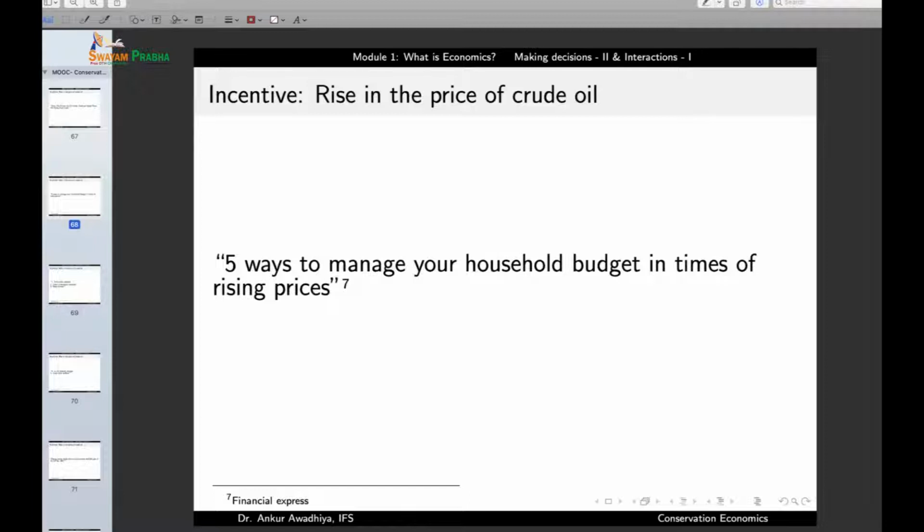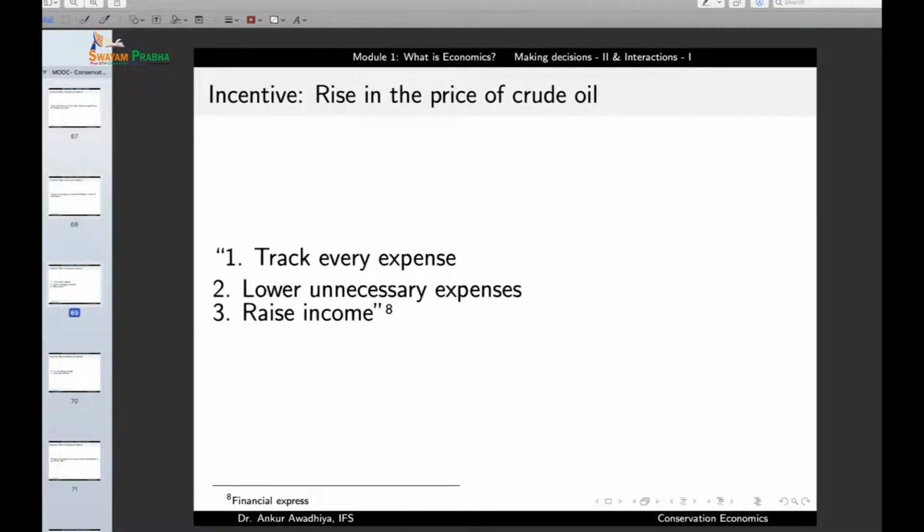So another action that has been incentivized is that people who are experts or who are ready to give you suggestions on how to maintain your household budget will come forward. And what sorts of suggestions will they give? They are asking to track every expense, lower the unnecessary expenses. So when the price is going up, the amount of consumption will go down.